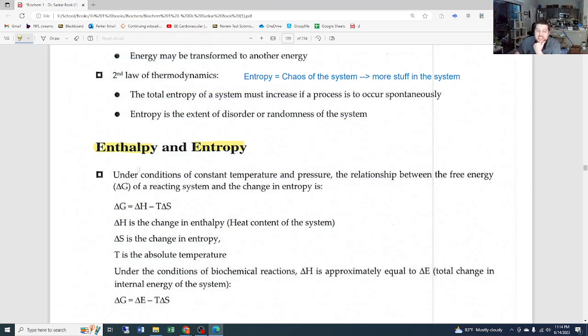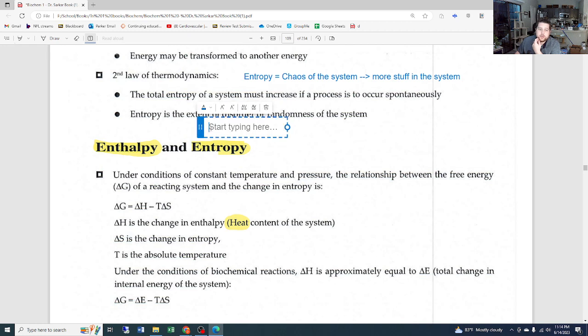For the purpose of this class, entropy is just when there's more stuff in the system, so when things break down. And enthalpy we will refer to the heat for the purposes of this class. There's a little bit more to it, but we're not going to go that deep, so we'll stick with that.